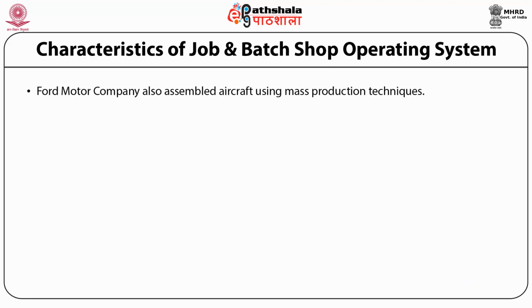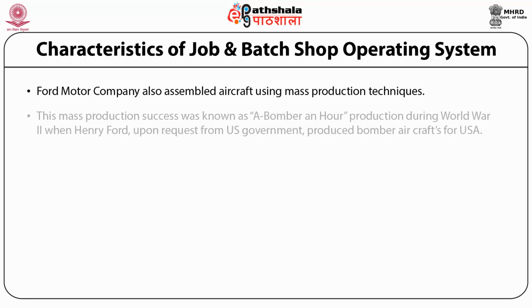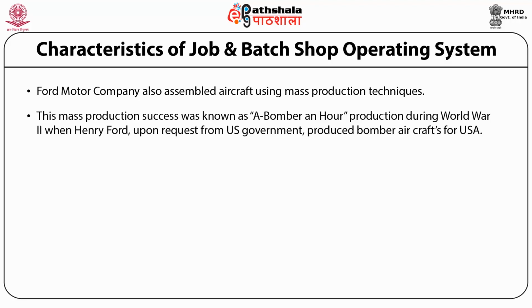Ford Motor Company also assembled aircraft using mass production techniques. This mass production success was known as the bomber production during World War II when Henry Ford, upon request from the US government, produced bomber aircraft for the USA.